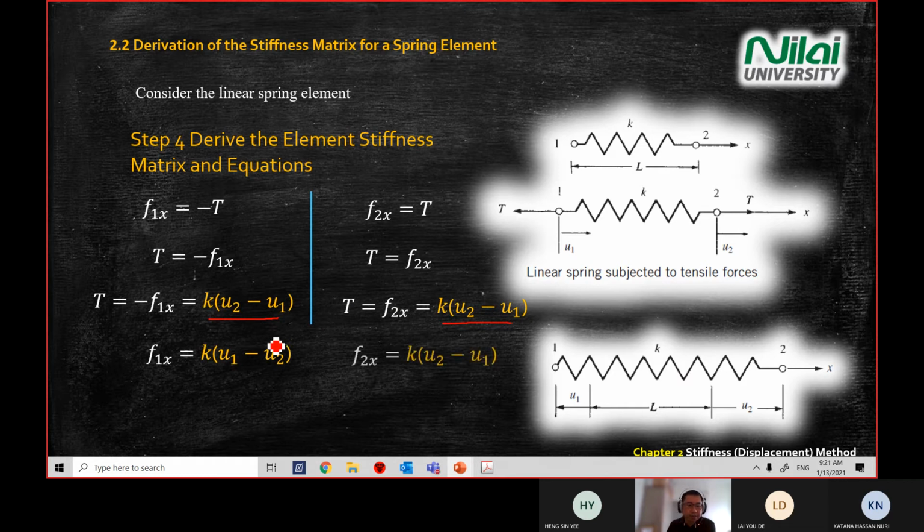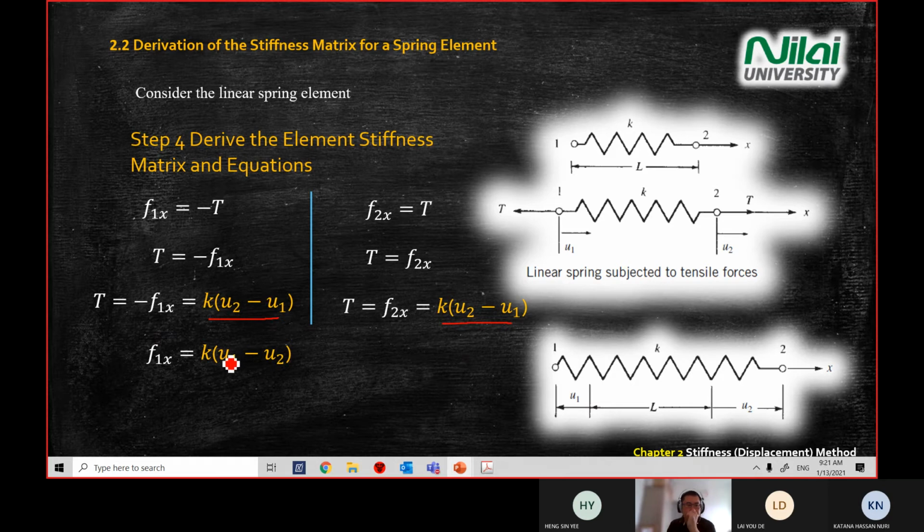The next equation I'm going to show you: on the left hand side, because you have a negative, when you move the negative from the left to right, your equation is going to flip over. You multiply by negative on both sides, and you get negative KU2 and positive KU1.